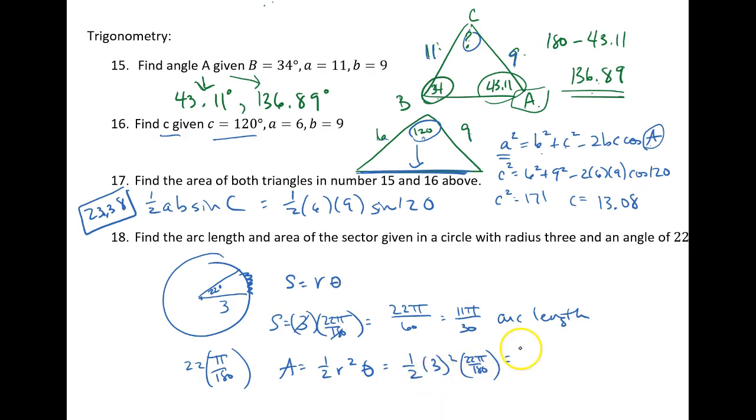So we're going to have 1/2 times 22 pi over, let's see, that's a 9 and a 180. And if I reduce 9 over 180, I think I'm going to get a 20. So I'm getting 22 pi over 40, which is 11 pi over 20. I'm pretty sure I did that right. Let me know if I didn't. But that's how you would do area of the sector.